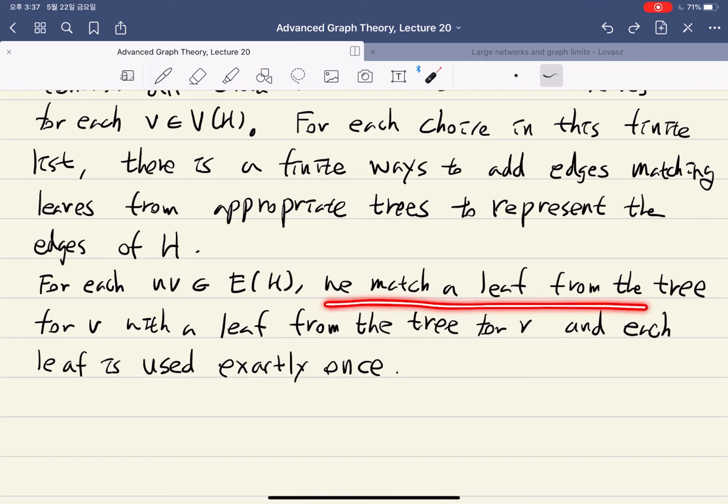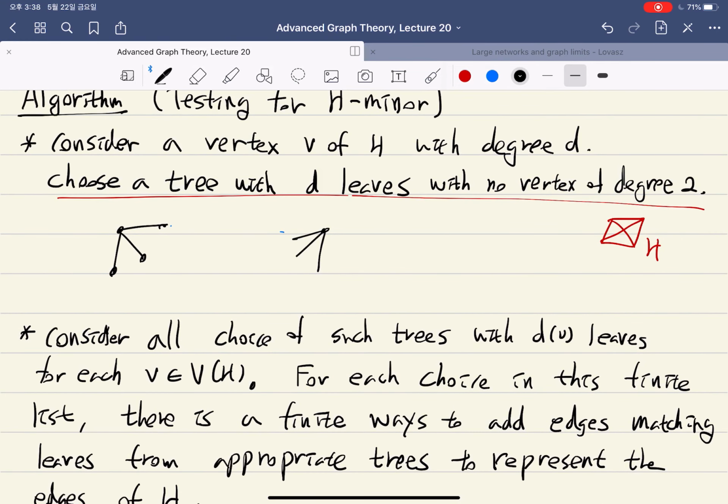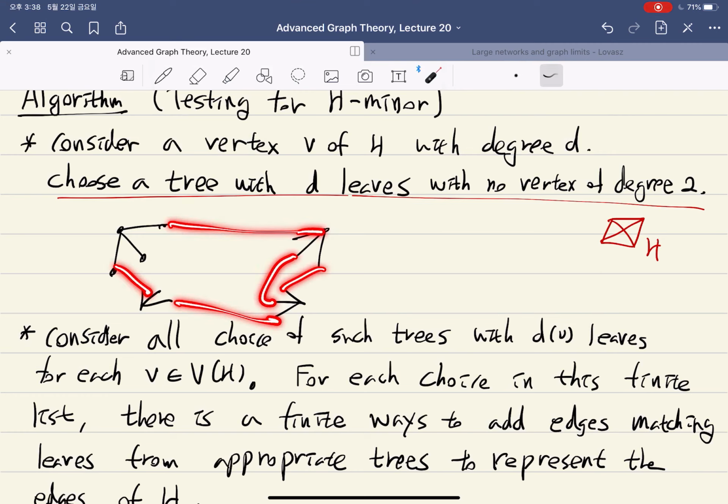So we match a leaf from the tree for U with a leaf from the tree for V. Sorry, I wrote it wrongly here. In such a way that there are 3 more here, 3 more here, and we add in a way that every leaf is matched exactly once.